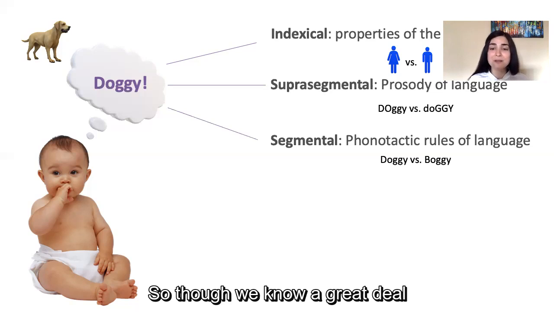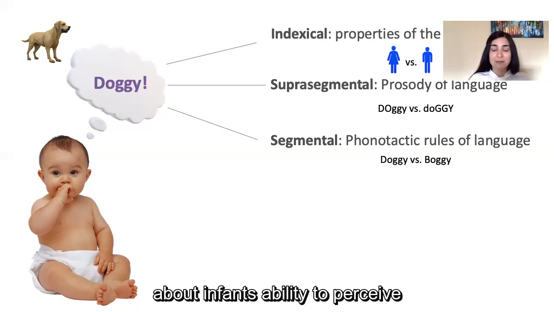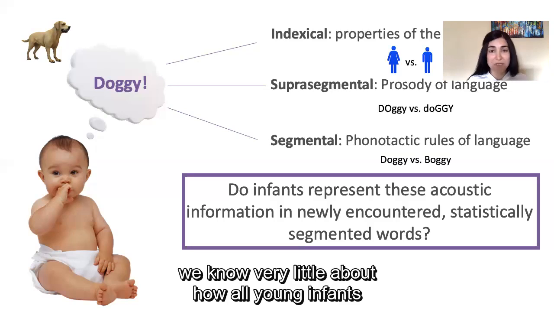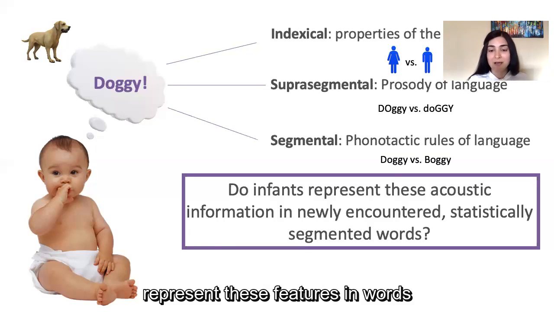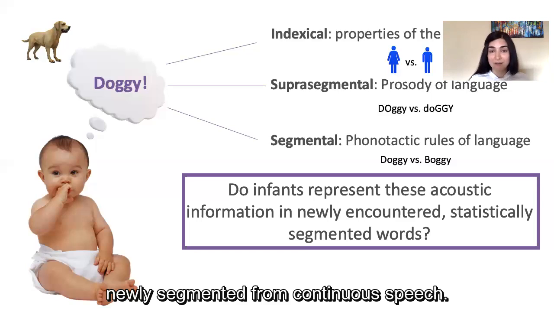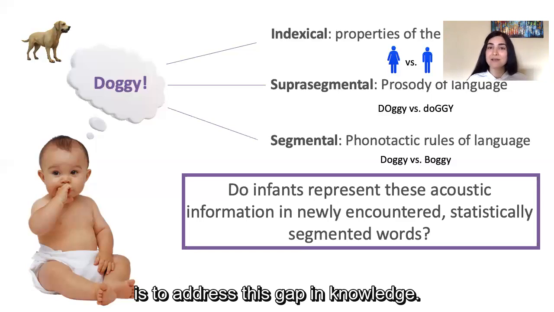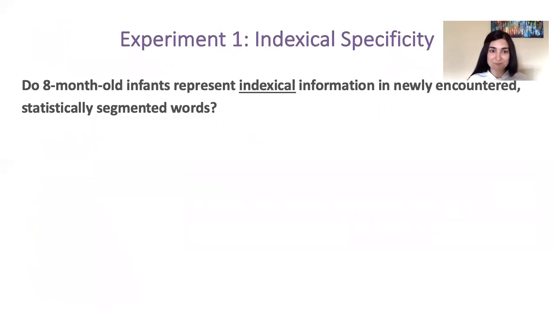So although we know a great deal about infants' ability to perceive these various types of acoustic information, we know very little about how young infants represent these features in words newly segmented from continuous speech. The goal of this research, presented in 3 experiments, is to address this gap in knowledge.